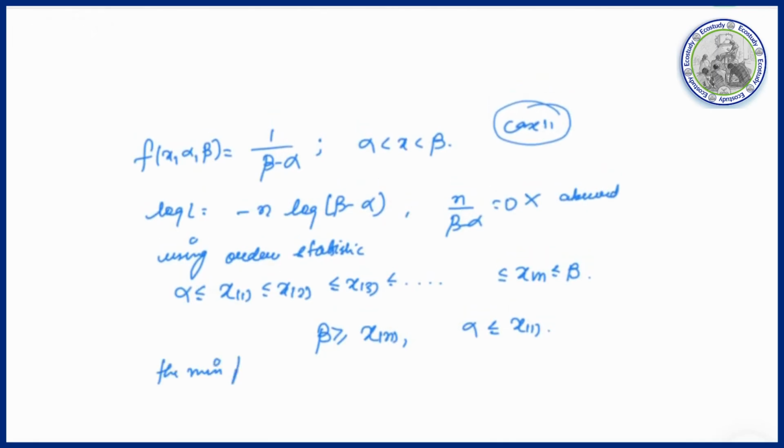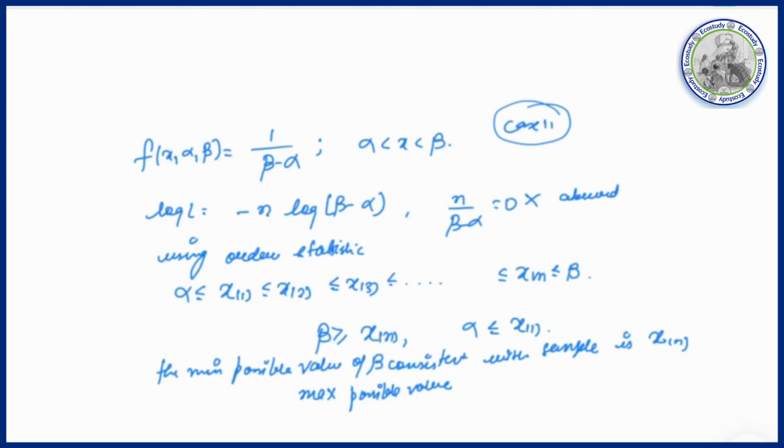The minimum possible value of beta consistent with the sample is xn, and the maximum possible value of alpha consistent with the sample is x1.